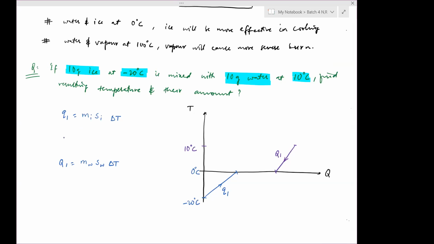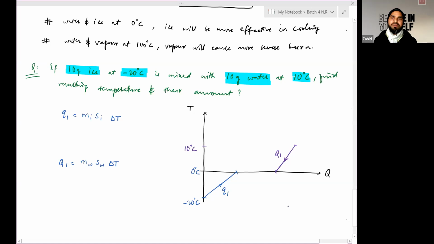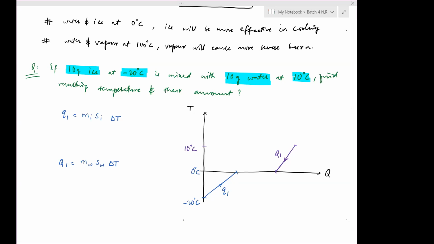Sir, will SI and SW be negative or positive? Temperature difference will always be positive. So take 0 degrees Celsius minus minus 20, minus minus plus, so it will be plus 20 degrees Celsius. Minashi, is it for small q1 or capital Q1? For both. Good.